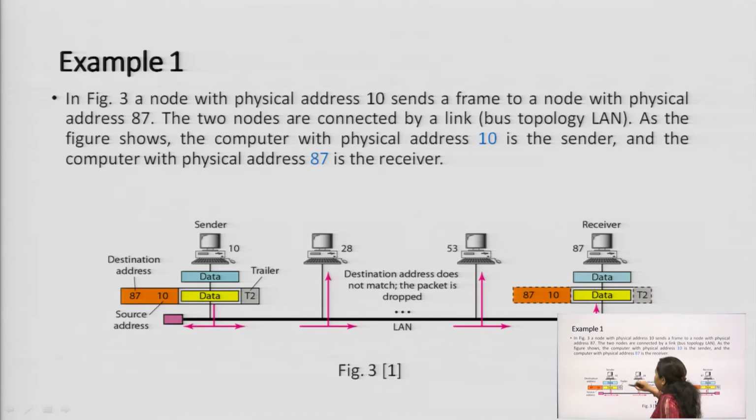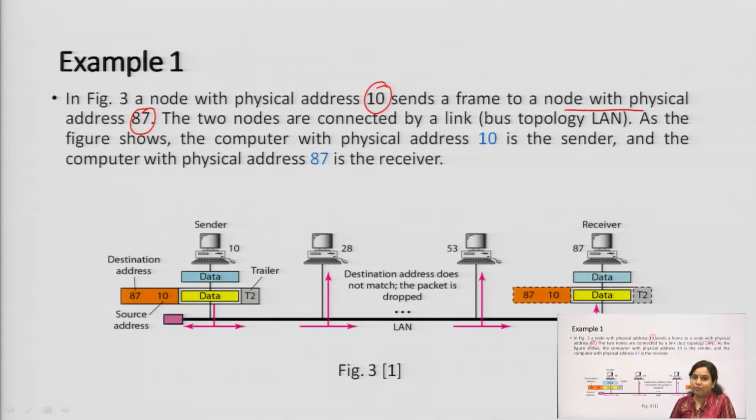Now, the first example is this one, in figure 3. First I am going to read the statement, then I am going to discuss it. A node with the physical address 10 sends a frame to a node with the physical address 87. What is a physical address? A physical address is device specific.